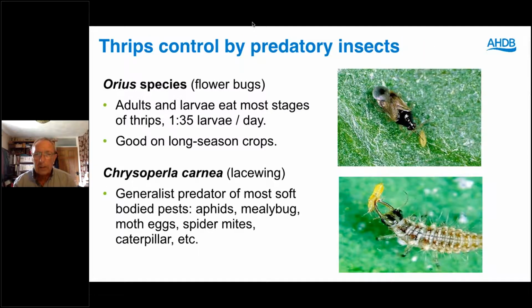The aureus, this is what's called a true bug. So it has a stabbing proboscis, it stabs into the prey, generally lifts it off the leaf so its little legs can't run away, sucks it dry and on to the next one. We did experiments about 25, 30 years ago where we looked at aureus and we're up to 30 odd thrips per day being eaten by an adult aureus.